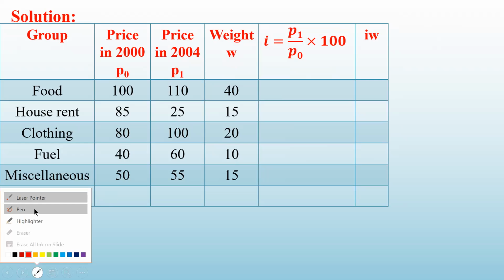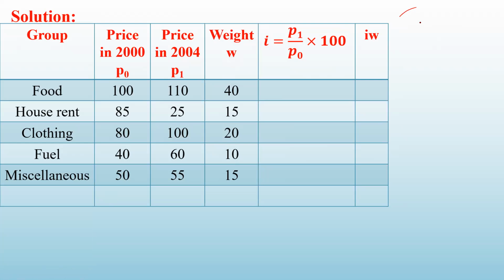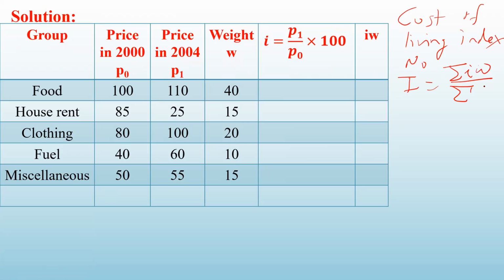By the family budget method, it is given by summation of IW divided by summation of W. So we need to calculate I and IW. What is I? I is the index for that group. So I is P1 upon P0 into 100. Let us calculate the value of I for each group. So we have to make two columns.